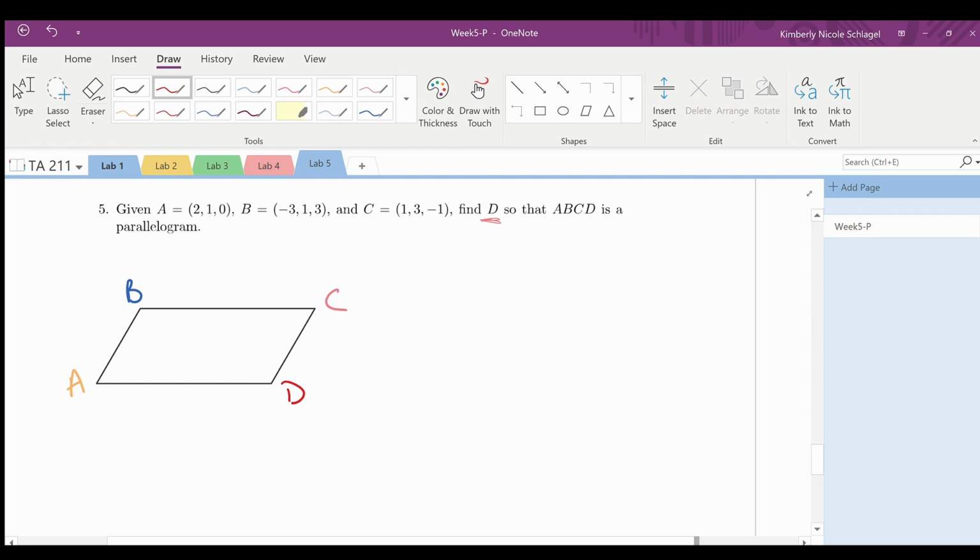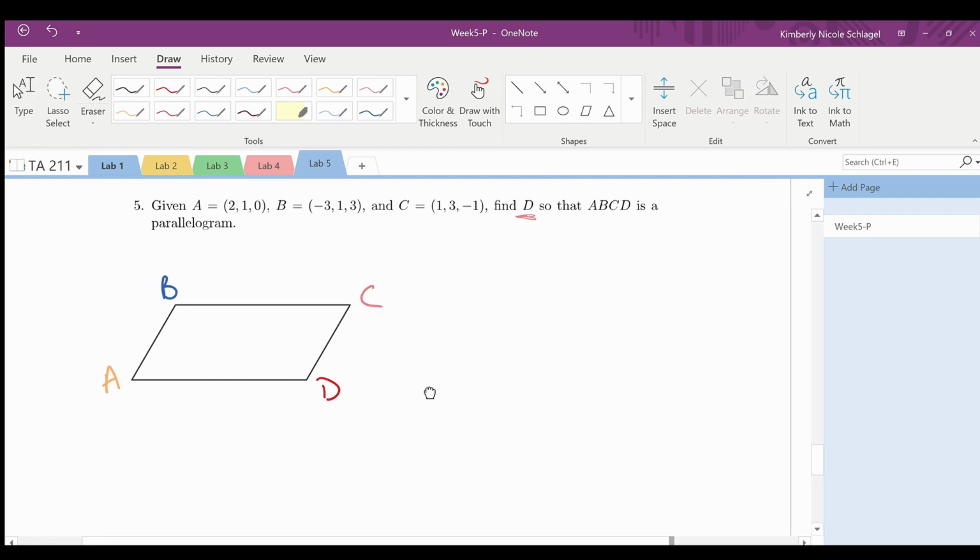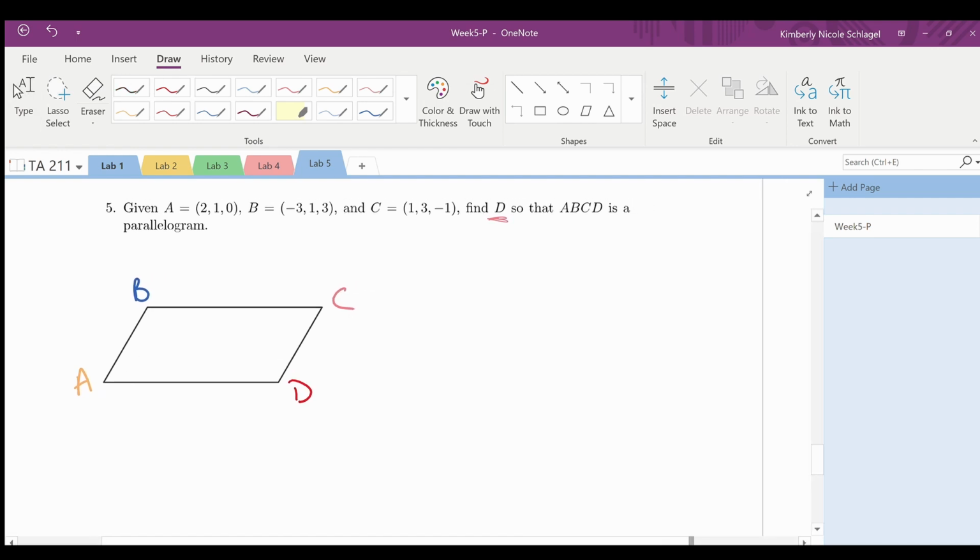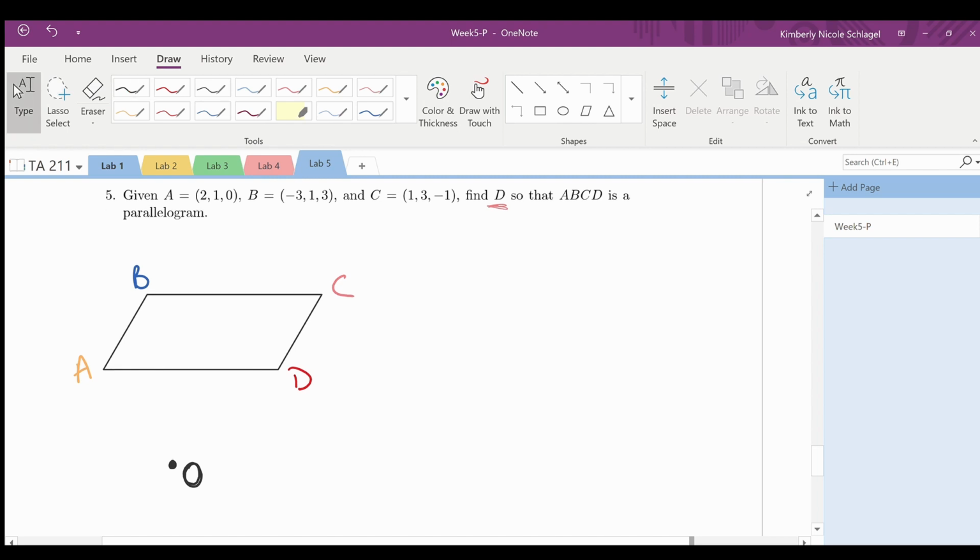Okay, so our A, well, we don't really have to write in the points, but if you want to write in the points, go ahead. But so first thing that I'm going to do is, as always, I'm going to draw in my origin. Okay, so always remember to draw in your origin when you do these type of problems. It really helps. Okay, so first of all, let's assess what do we want, okay?